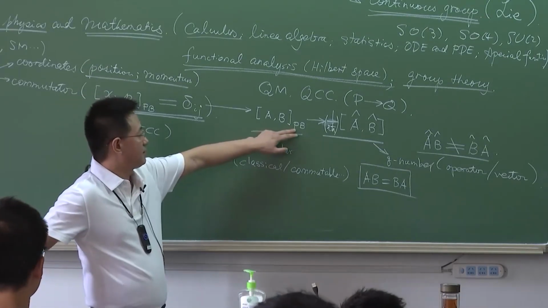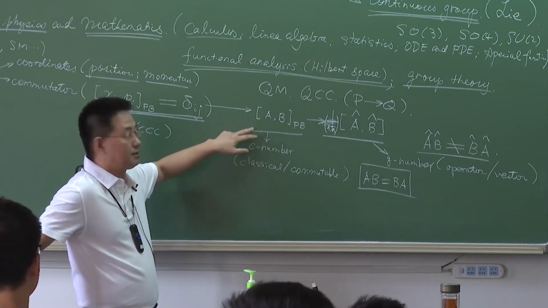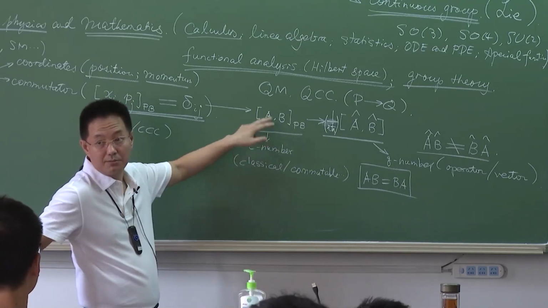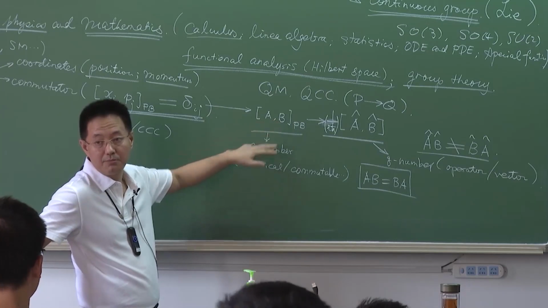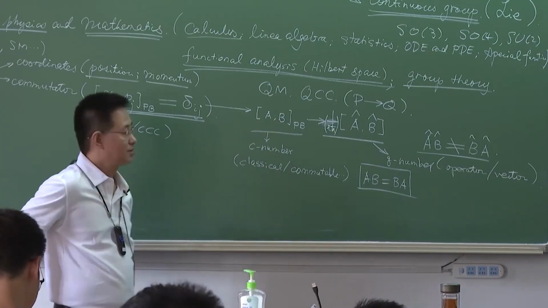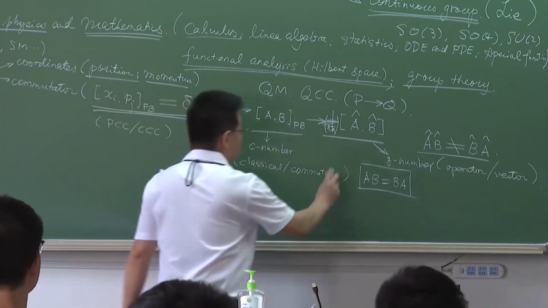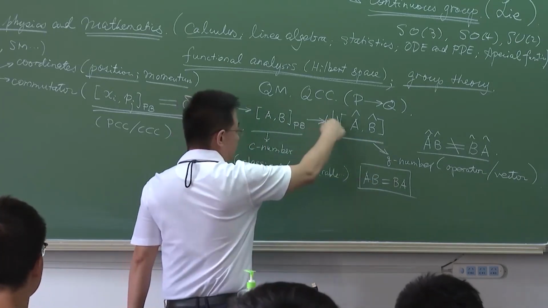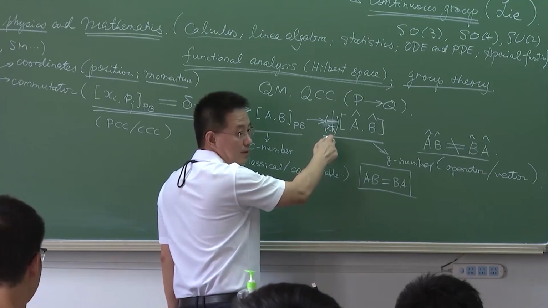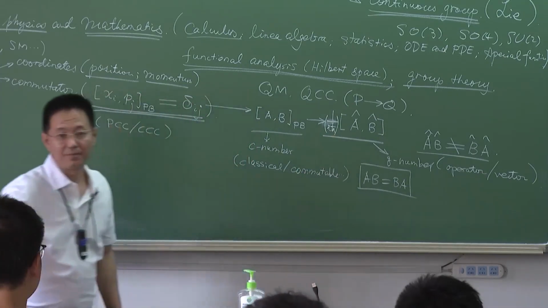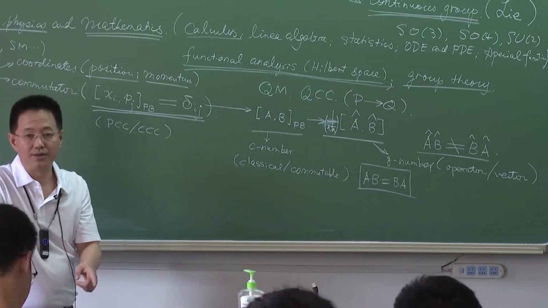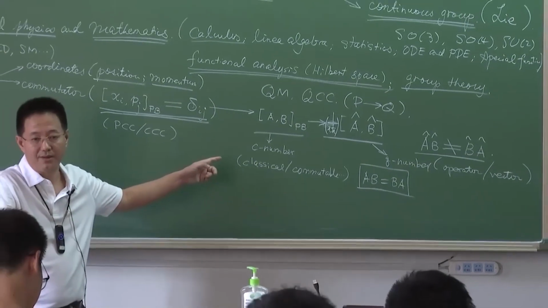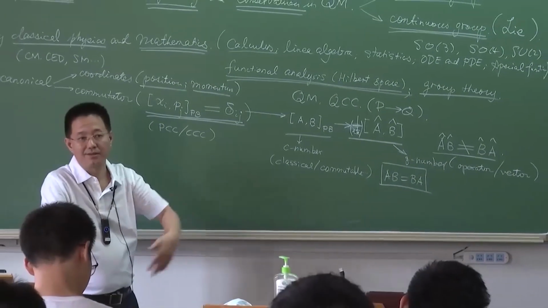So we have the Poisson bracket here. That means ∂A/∂q ∂B/∂p minus ∂A/∂p ∂B/∂q. Right? So between the classical and quantum, you have a difference in the factor here, that is a 1 over i h bar.